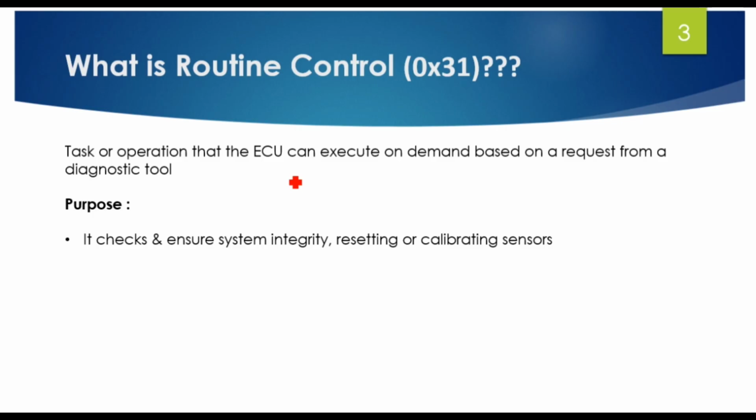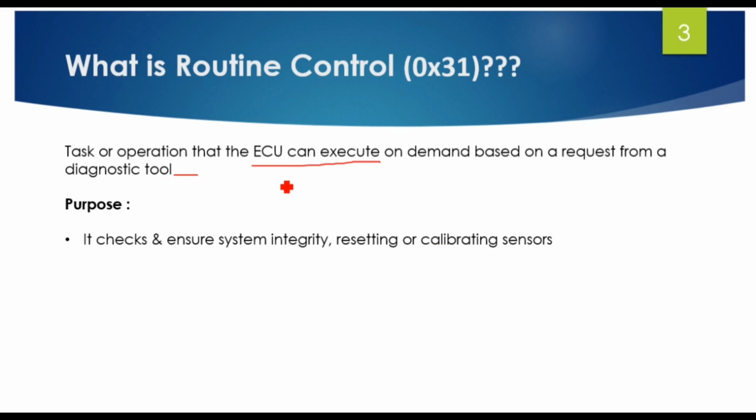Routine control in automotive systems. So basically, a routine is a task or operation that the ECU can execute on demand based on a request from a diagnostic tool. Okay. These tasks are designed to check and ensure system integrity, resetting or calibrating sensors.